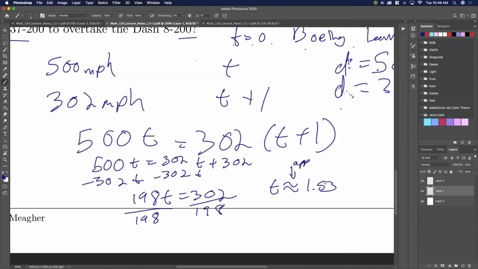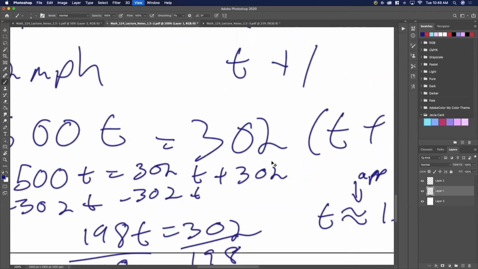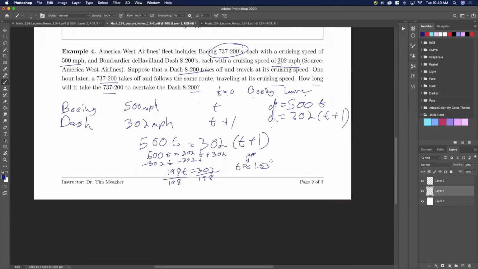To answer this correctly, which I won't write because I ran out of room, I should have left more space for this. It says, how long does it take? You'd say it takes approximately 1.53 hours for the 737 to overtake the 747 of that. That's what you'd write. Okay.